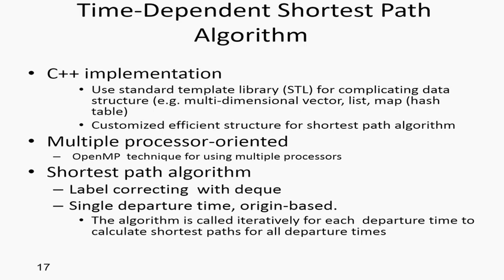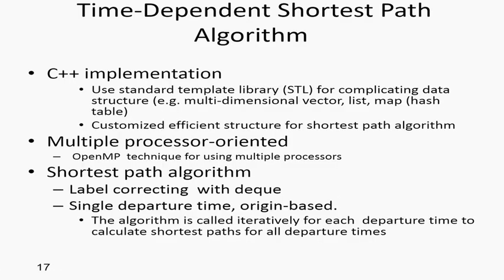Okay, since I'm also a former developer for the DynaSmart, led by Professor Hani Mahmassani, currently at Northwestern. So we have a C++ implementation. We use STL, the standard template library, for the complicated data structures, such as multidimensional vectors, lists, and hash tables.